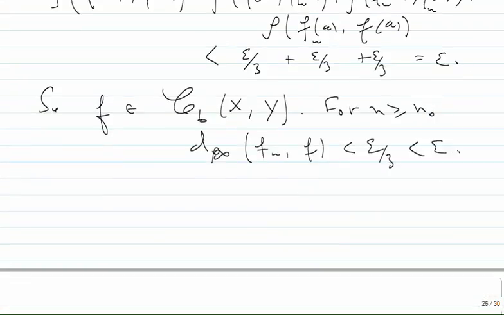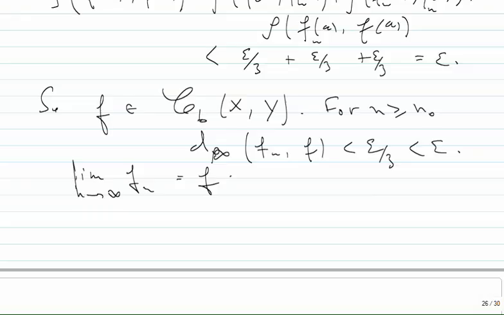So this clearly implies that the limit of the sequence Fn is equal to f. So any Cauchy sequence in CB of X, Y is convergent, and the limit exists and belongs to CB of X, Y. So CB of X, Y with this distance is complete.